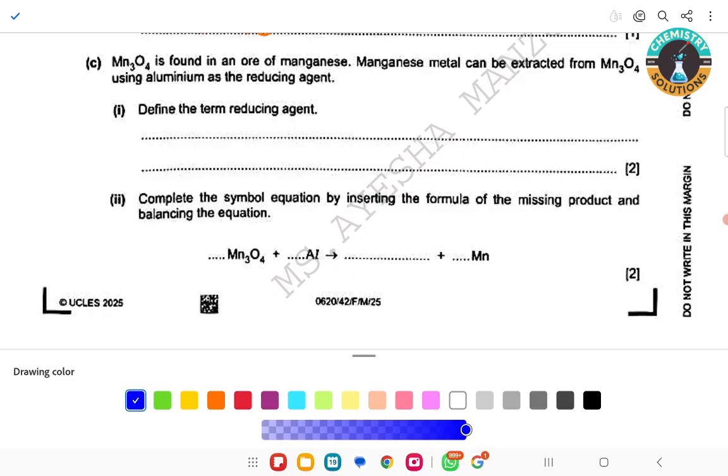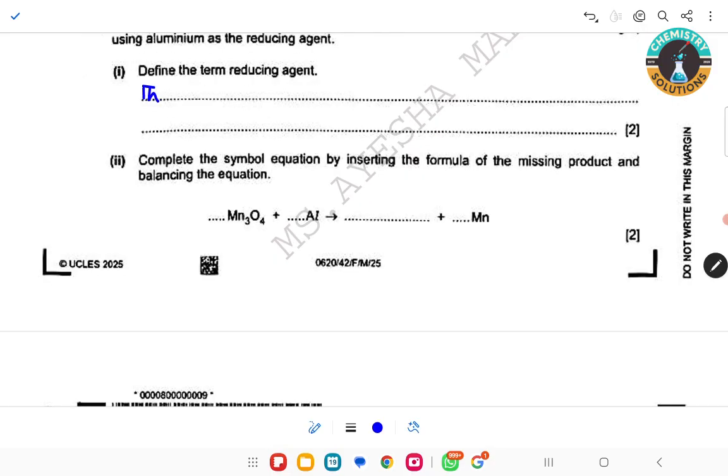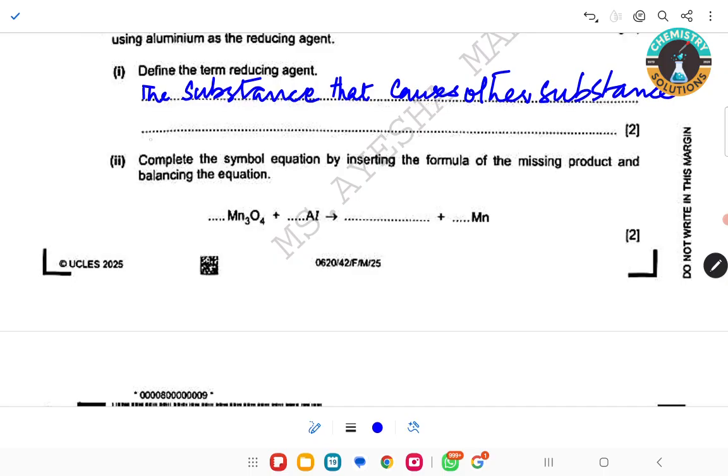So we can define it like this: the substance that causes other substances to be reduced and itself, the reducing agent, is being oxidized.